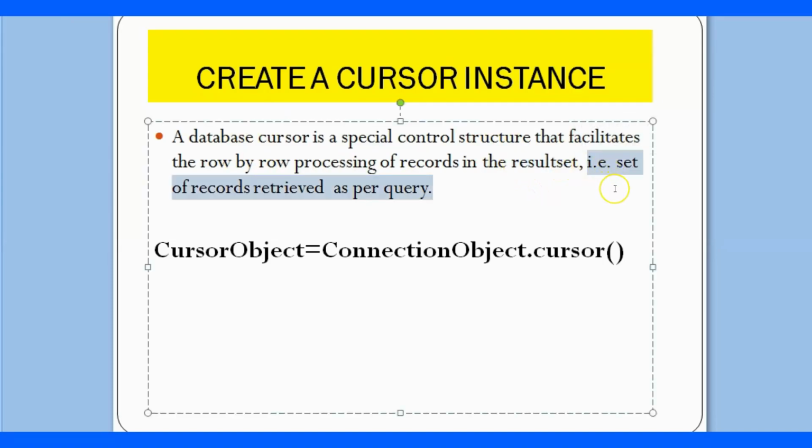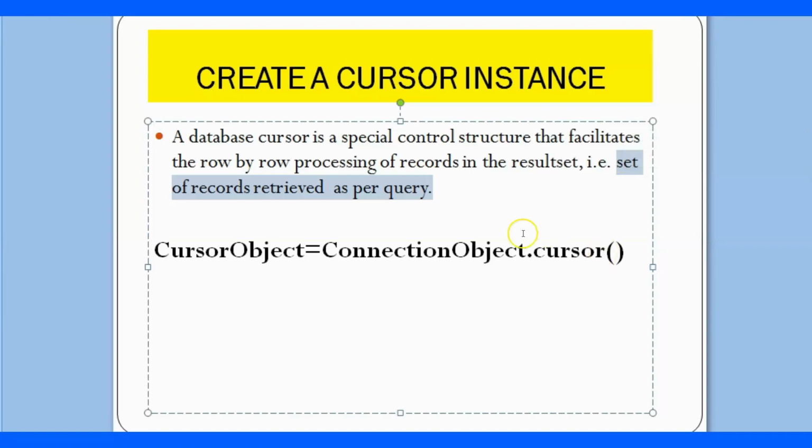A result set is nothing but the set of records retrieved as per the query. Whatever query we give in the SQL software, the outputs that get retrieved are called records, and those are called a result set.